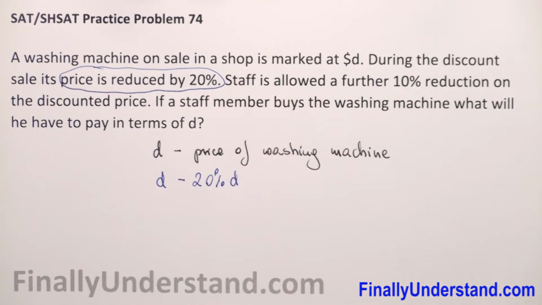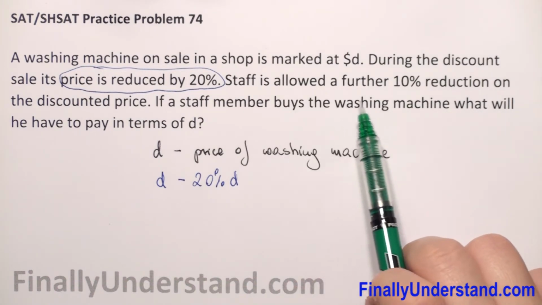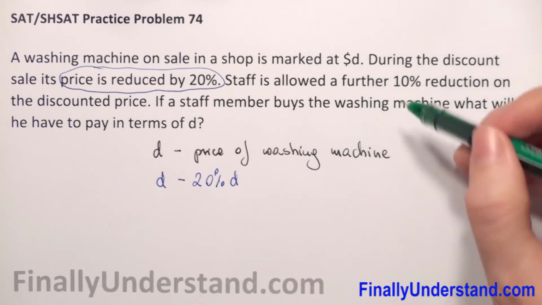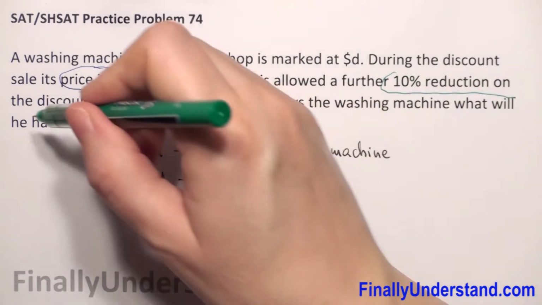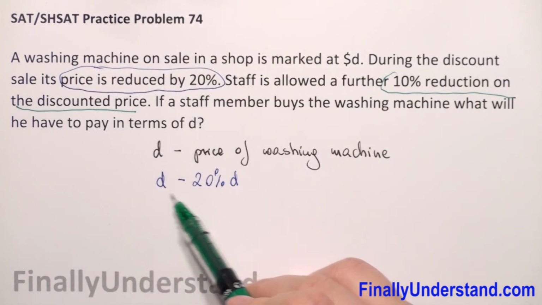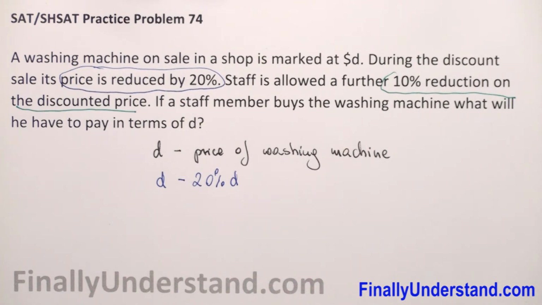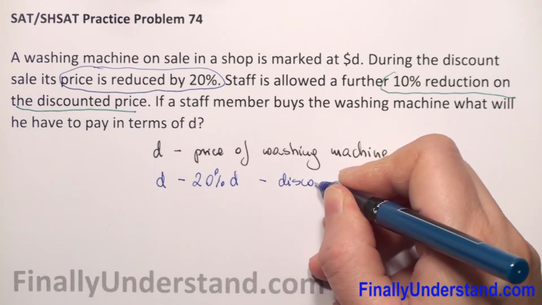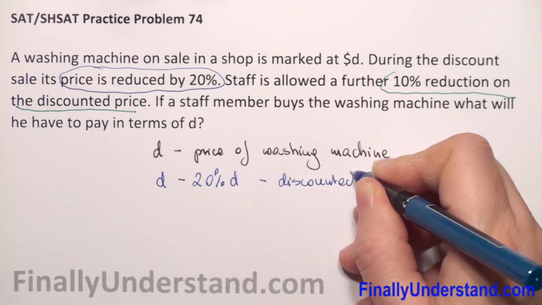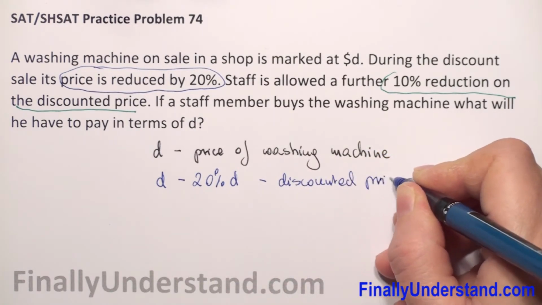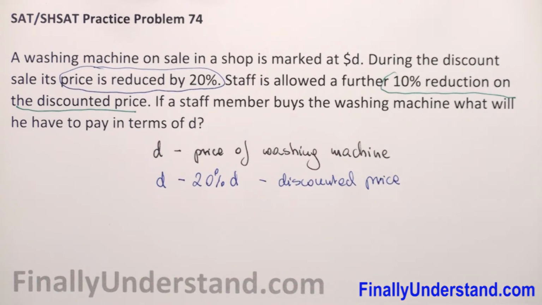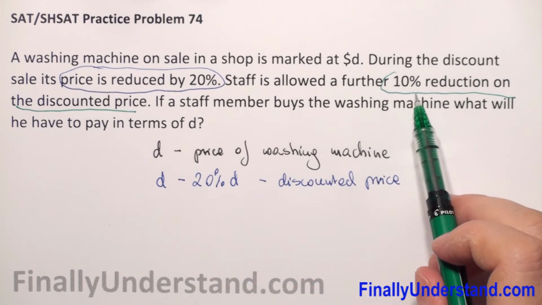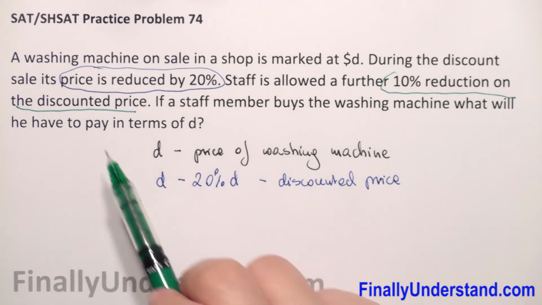Next, what are we given? That staff is allowed a further 10% reduction of the discounted price. This is the discounted price. Let me write this. And now we know that staff is allowed 10% of reduction on the discounted price.